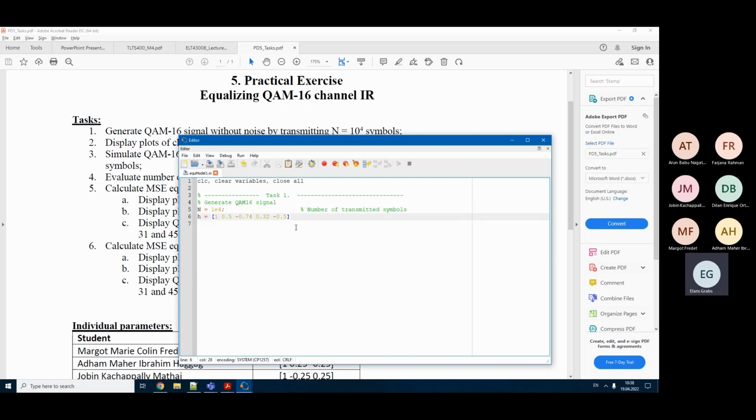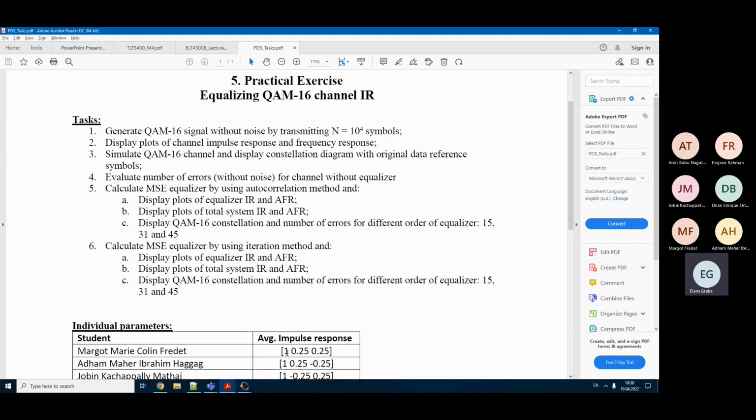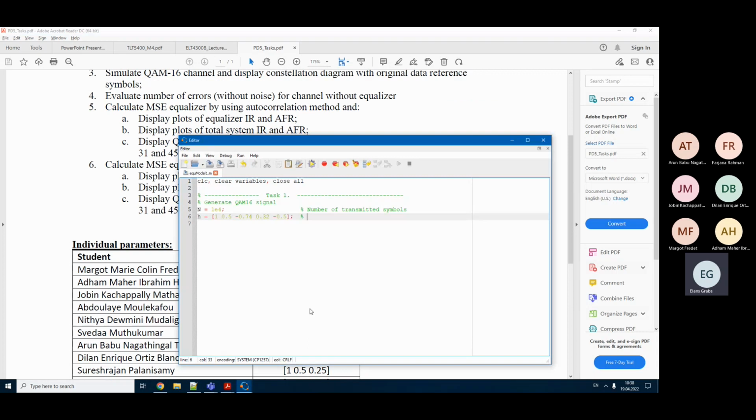As you imagine, the more values we have in this impulse response, the more reflections we are experiencing, and the harder it is to design the equalizer. So we'll start with this impulse response and see how it goes. If I need to, I will make it simpler, but you only have 3 values here, so you specify the impulse response which is provided to you. So this is the channel impulse response.